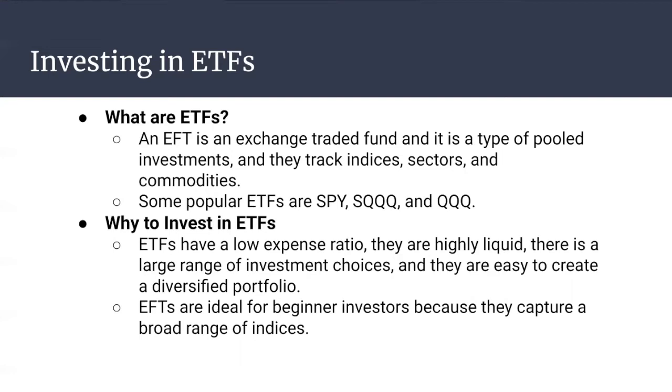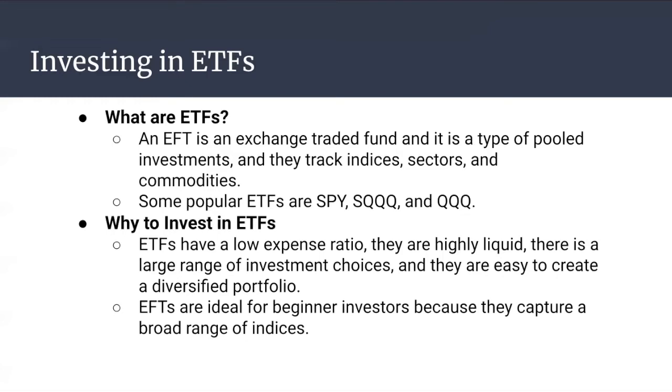ETFs have a low expense ratio, which means you don't have to pay a lot to invest in the ETF market. They are also highly liquid, which means you are able to sell them relatively quick. They also have a large range of investment choices and different categories to choose from.